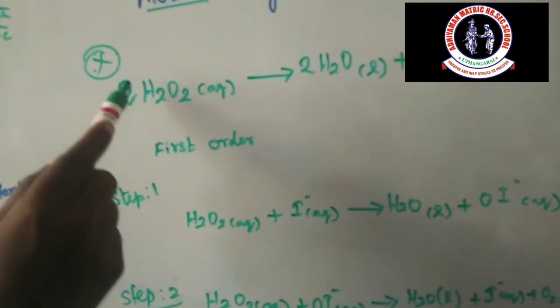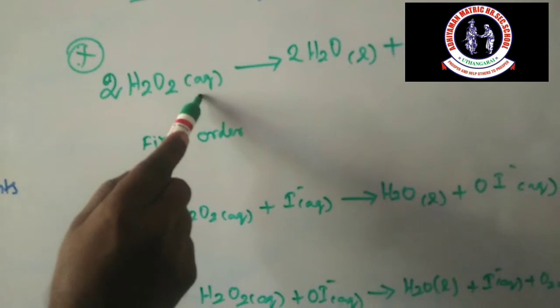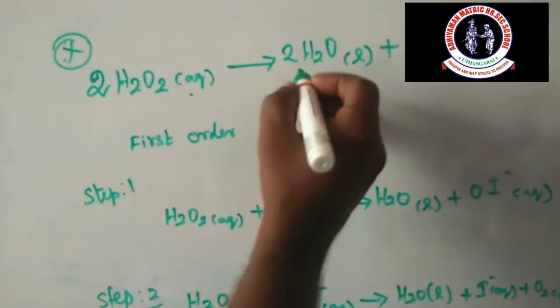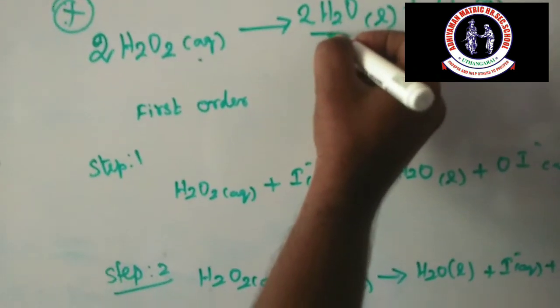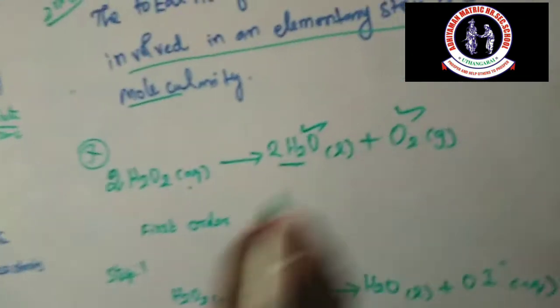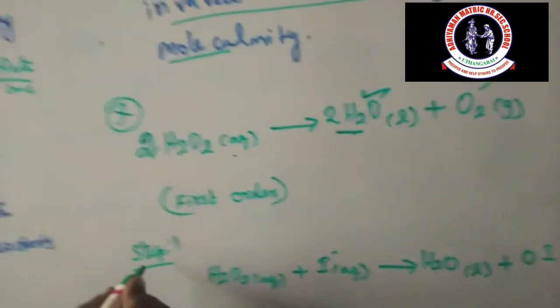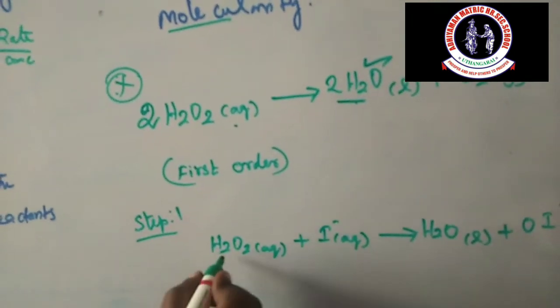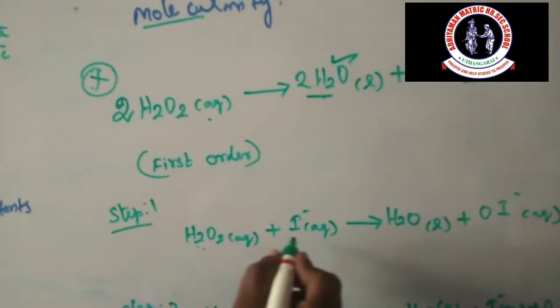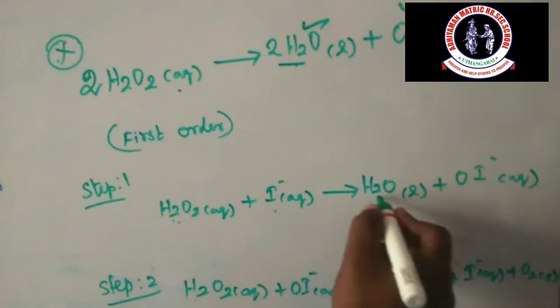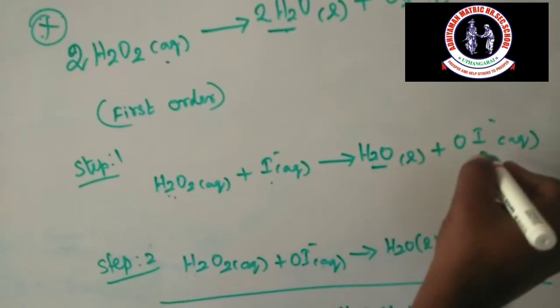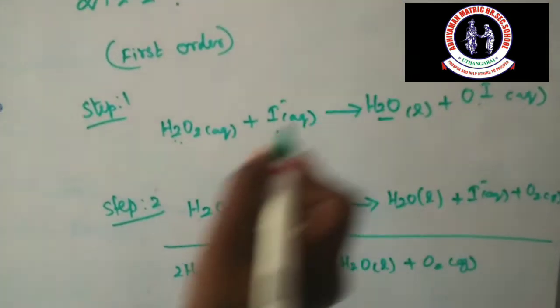Two moles of hydrogen peroxide in aqueous state undergo decomposition into water and oxygen. It is a first order reaction, but it involves a two step process. First step, hydrogen peroxide is treated with iodide to form water and hypoiodite.